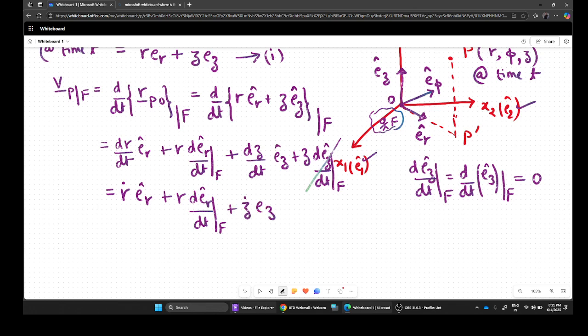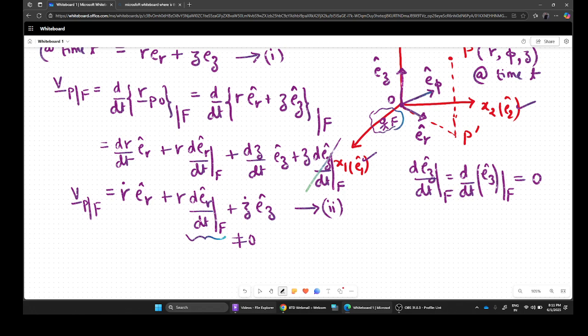We get this. What is this quantity? Clearly it is not 0. We discussed it earlier also. As the location of particle P changes, the location of P prime will change, and thus ER will change its direction.